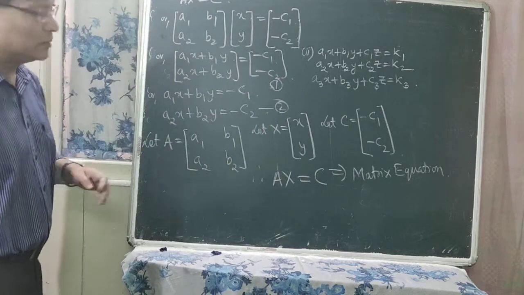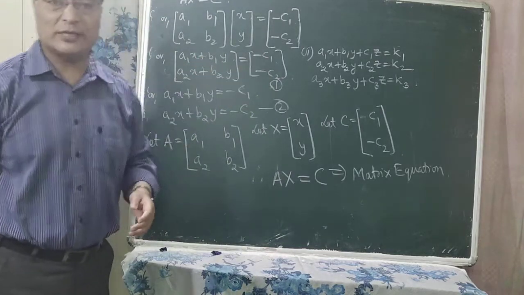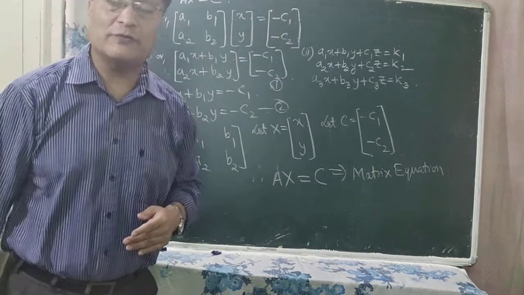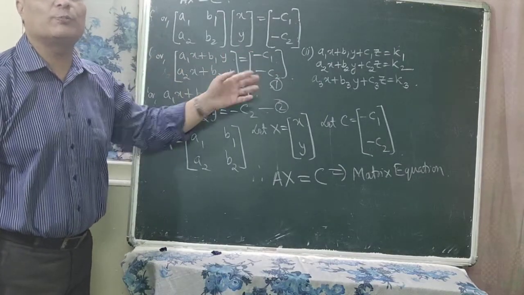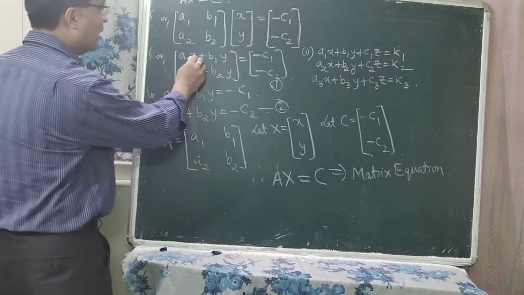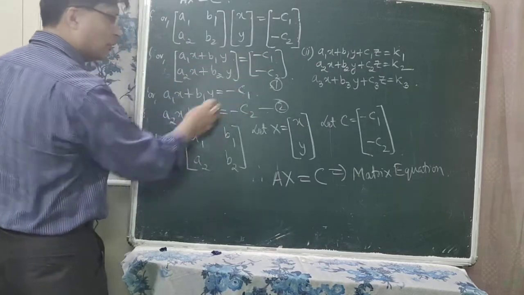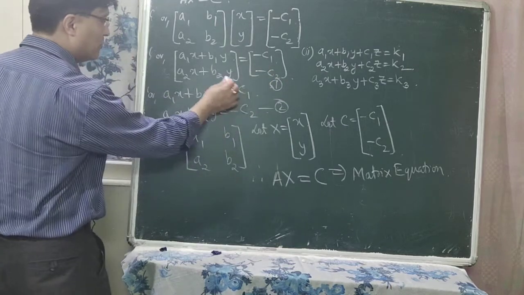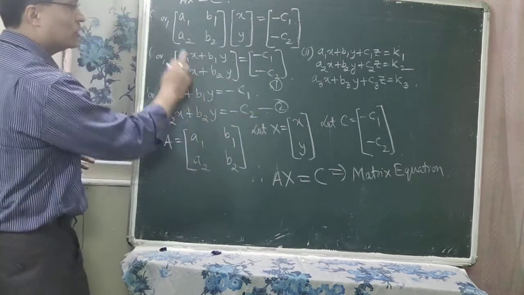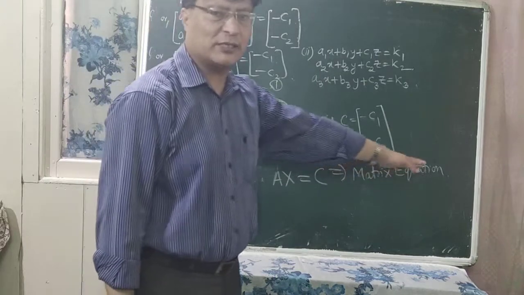Now these are the equality of two matrices, and from the definition of equality of matrices, you know that their corresponding elements should be equal. That means we can equate A1x plus B1y is equal to minus C1, A2x plus B2y is equal to minus C2. So that means we are getting this equation. So this is the correct matrix equation.